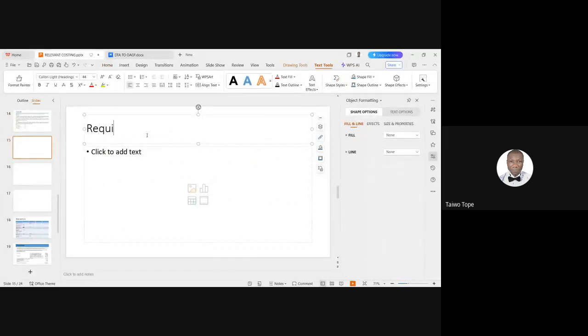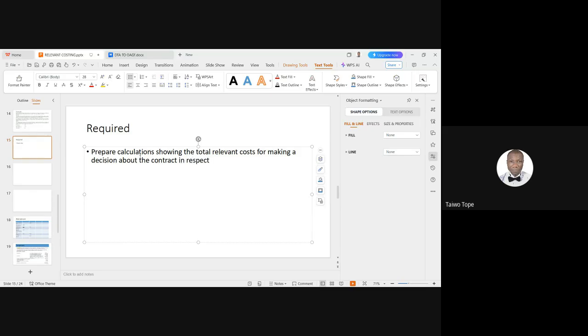The question is this. Required: prepare calculations showing the total relevant costs for making a decision about the contract in respect of the following cost elements.